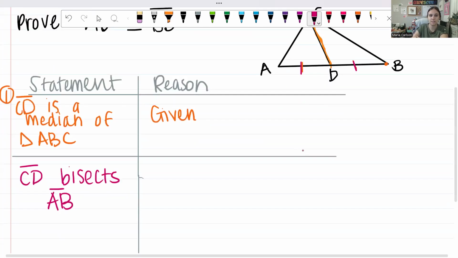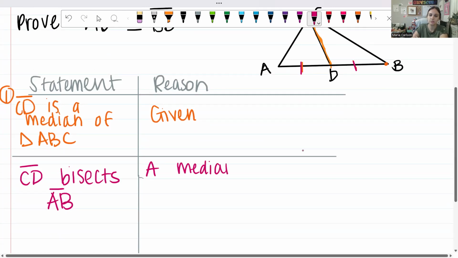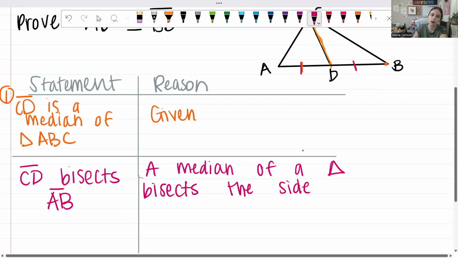And that is because a median of a triangle bisects the side opposite the vertex it's drawn from.